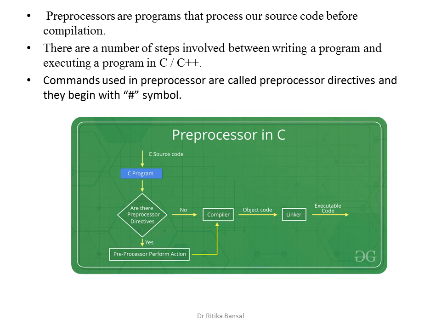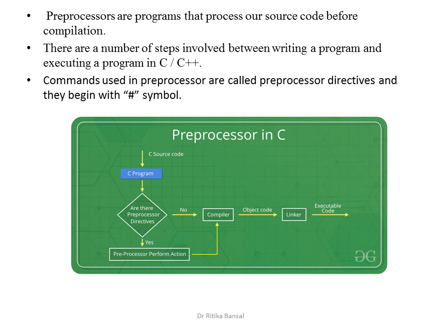compilation stage. As you can see in this block diagram, you write the C source code, C program, then it is checked whether there are any preprocessor directives. Preprocessor directives are the commands which are used by preprocessors, and they begin with hash, like hash include stdio, hash include conio.